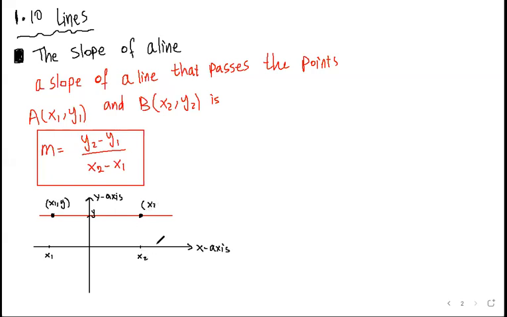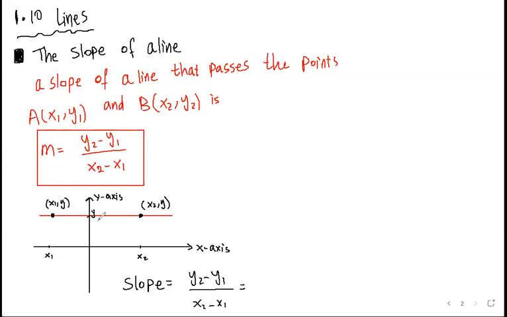The slope is 0. Why? Because y2 and y1 are the same. Yes, exactly. So y2 minus y1 over x2 minus x1.